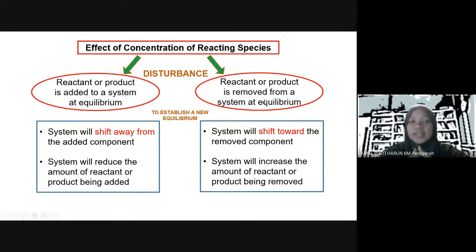Kalau reactant atau produk dibuang daripada sistem tu, maksudnya dikeluarkan daripada bekas tindak balas, itu juga dimaksudkan dengan concentration of reactant or product is being disturbed. Okay, it's either you add reactant or you add product, or you remove reactant or product. So ni adalah konsep yang sama, iaitu faktor disturbance dia adalah concentration.